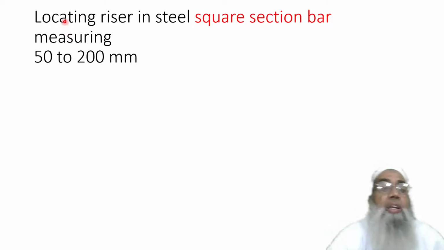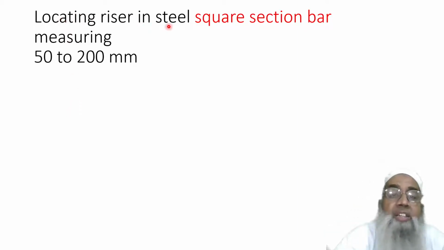Similarly, now locating a riser in a steel square section. Where to locate in a square section bar? That was talking about a plate.